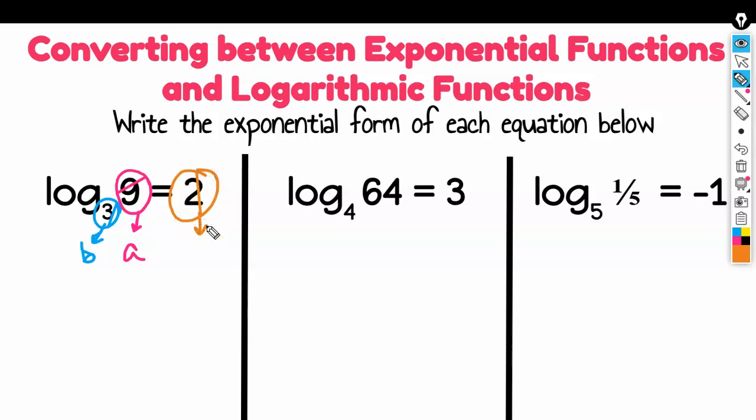I don't mean for it to do that. This is X. So when I'm writing, I've got 3 with an exponent of 2 equals 9. And that makes sense. 3 squared, or 3 times 3, equals 9.